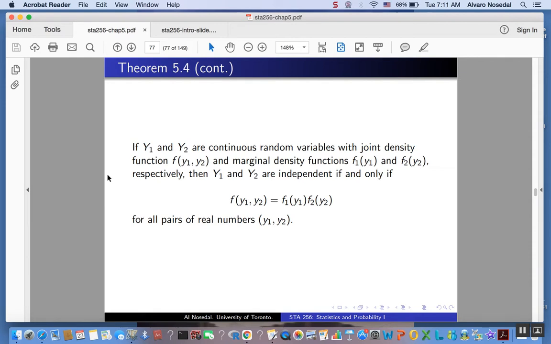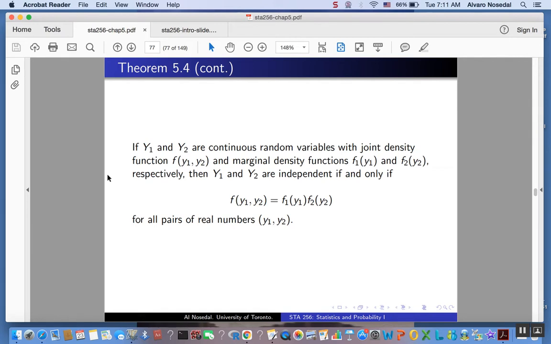And something that we're going to see in the near future is that when you have independence, some probability calculations simplify.